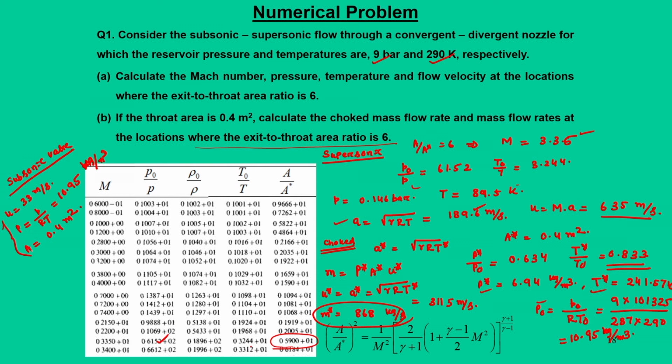So, when you multiply this, we can get mass flow rate m dot close to 868 kg per second. And similarly for the supersonic flow, we also know U, rho and A, and so for the supersonic solution, this choked mass flow rate also will be the same number.